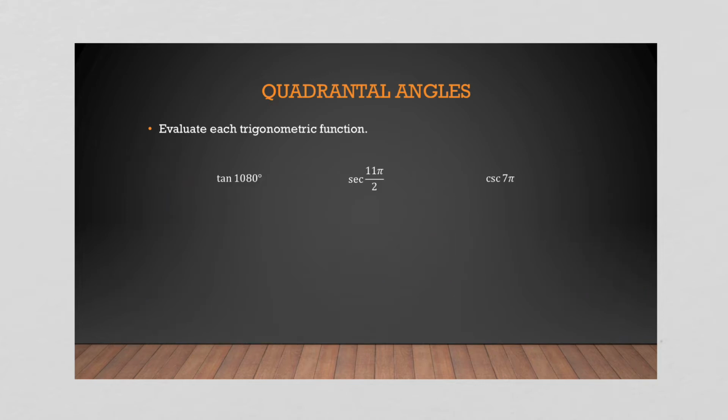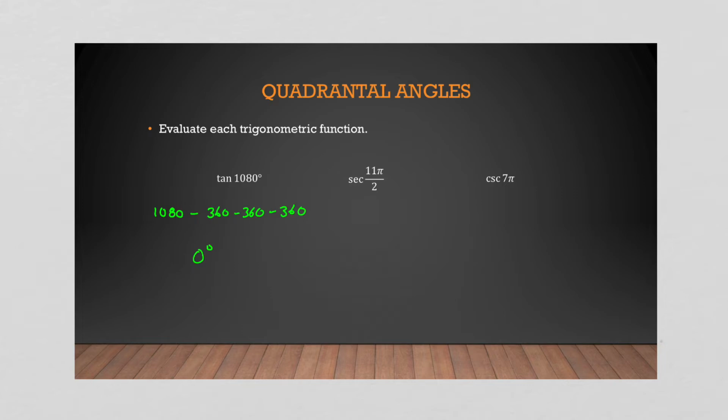So let's move on. What happens if we are outside of one revolution? So we have some coterminal angles here. Well, let's get back to within one revolution of rotation. So tan 180 is way too many revolutions, right? So if we take tan 180 and we subtract a number of 360 revolutions, we will actually end up getting back to 0 degrees.